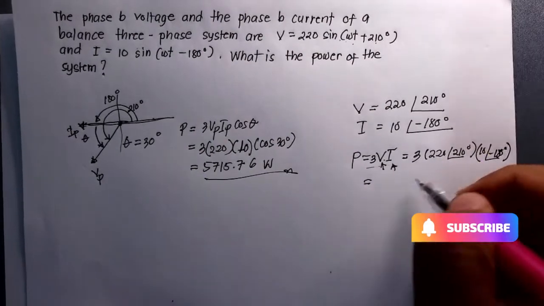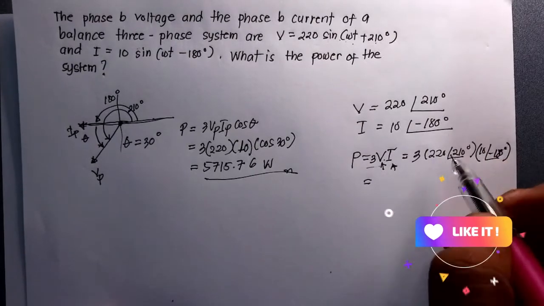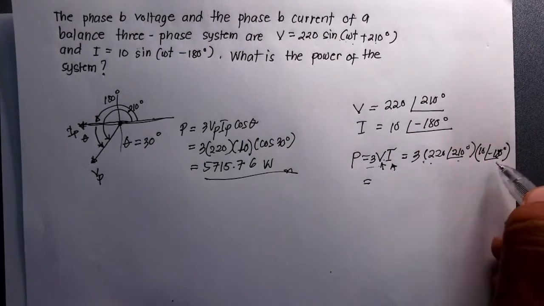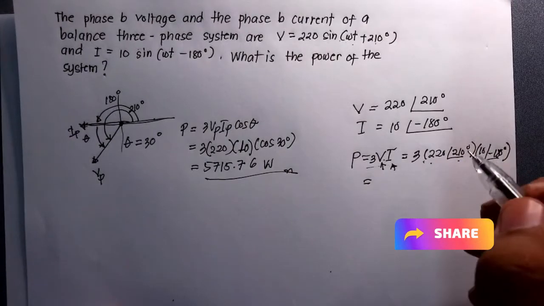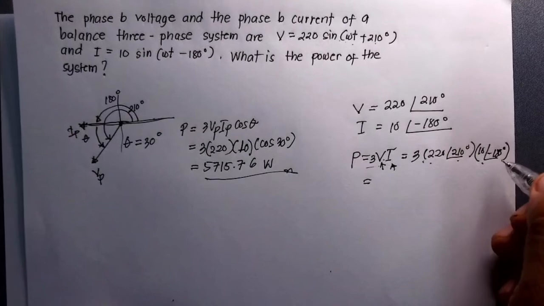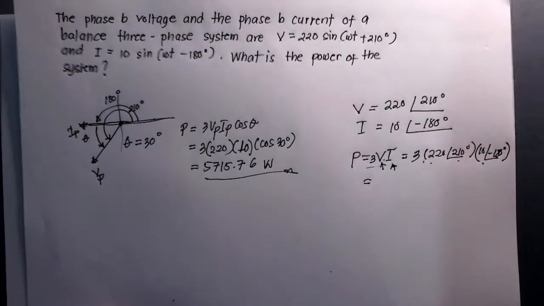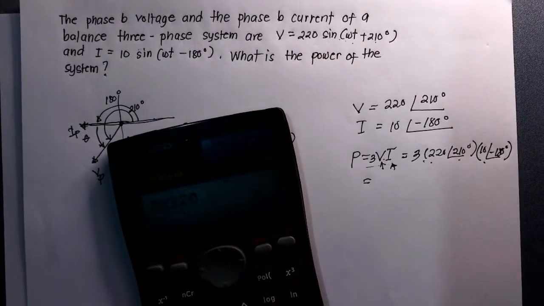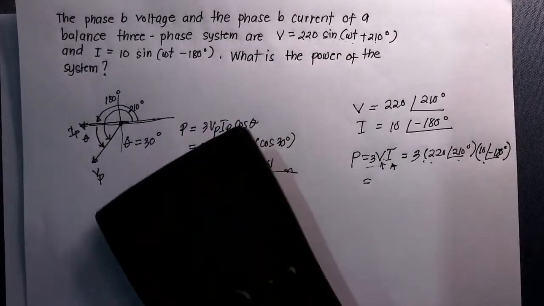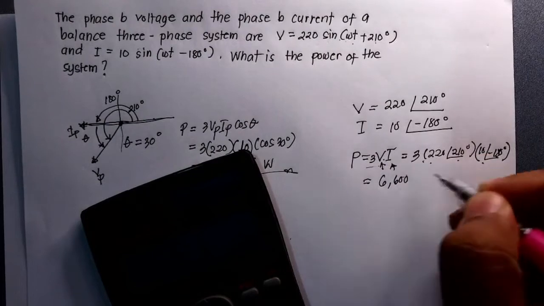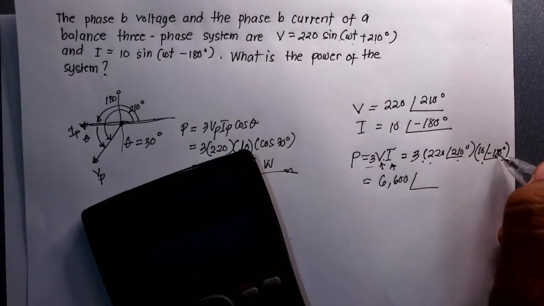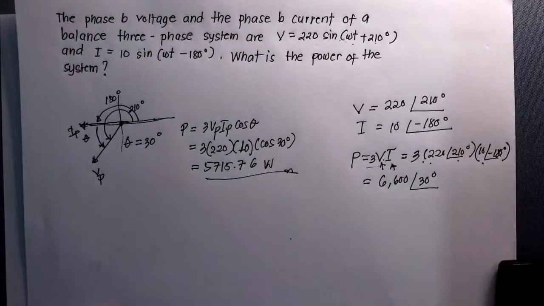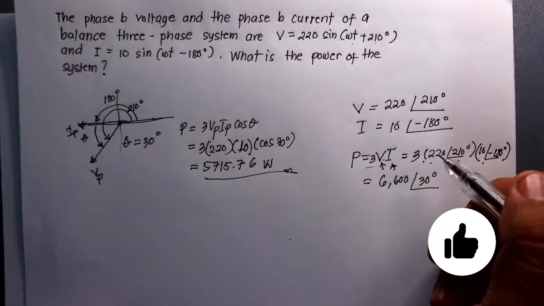Okay, so you just multiply 3 times 220 times 10, and that is 6,600, cis of 210 minus 180; you add the angles, and it will give you 30 degrees.